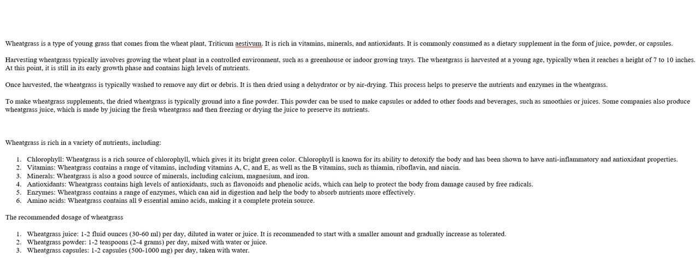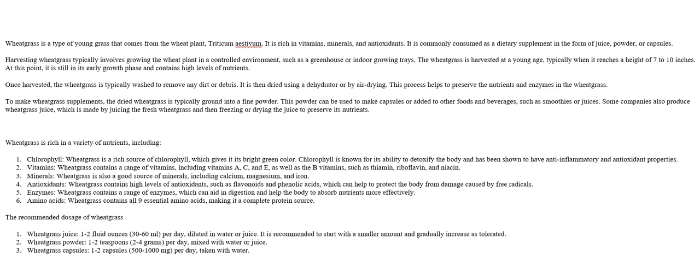At this point, it is still in its early growth phase and contains high levels of nutrients. Once harvested, the wheatgrass is typically washed to remove dirt and debris. It is then dried using a dehydrator or by air drying. This process helps to preserve nutrients and enzymes in the wheatgrass.